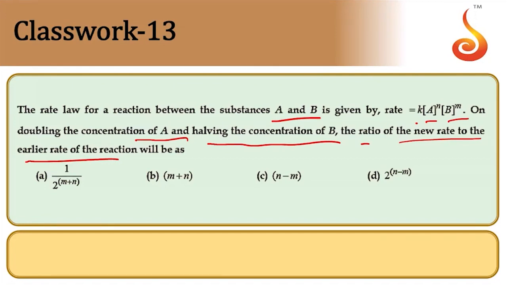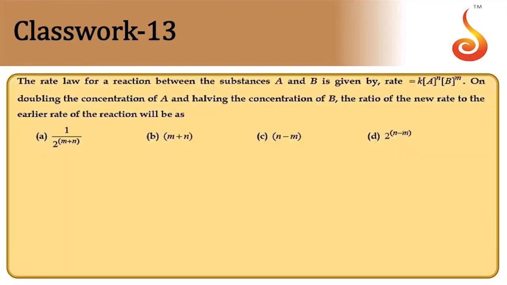They are doubling the concentration of A and decreasing the concentration of B by 2. The given equation itself is the rate equation for us. Let us write the old rate first: K into [A]^n [B]^m, equation 1.